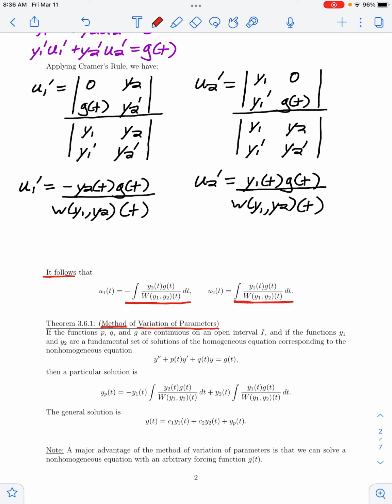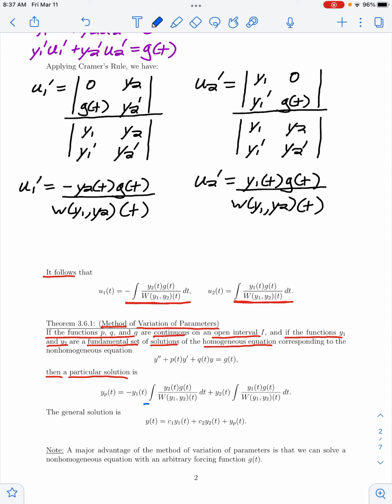And it says the following: if the functions p, q, and g are continuous on some open interval I, and if the functions y1 and y2 form a fundamental set of solutions for the homogeneous equation corresponding to the non-homogeneous equation we're considering, then a particular solution would be given by yp of t, and it's equal to the product of u1 times y1 plus u2 times y2.